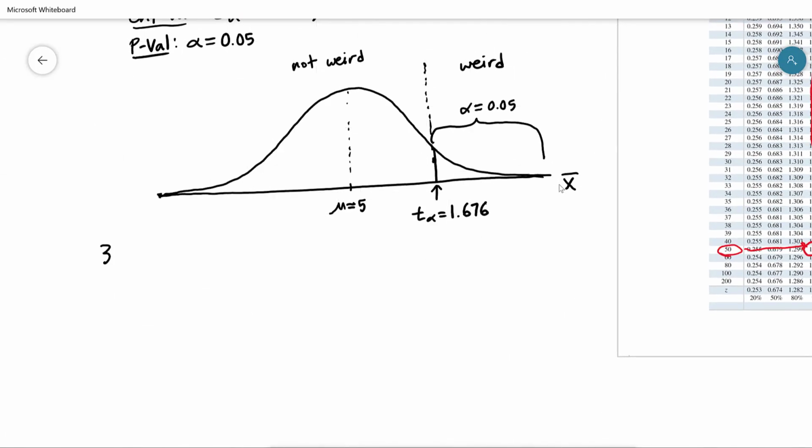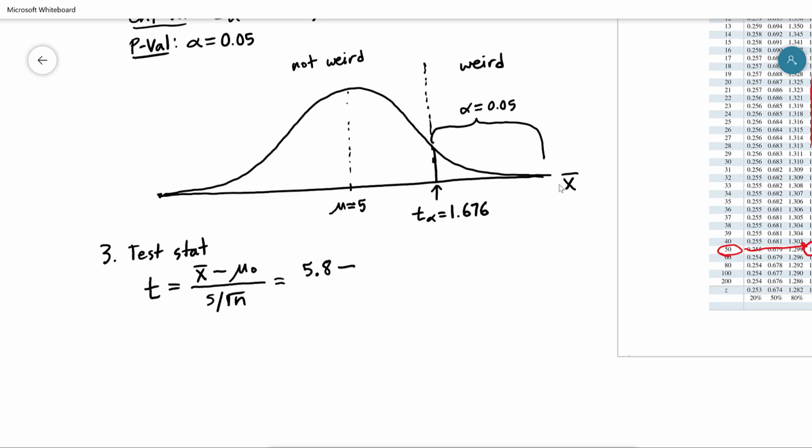So let's take a look. Step number 3, we need to compute the test statistic. And again, the formula for the test statistic, it's a t-score. We look at the actual evidence, we subtract off the presumed value from the null hypothesis, and then we divide by the standard error. And so for us, x bar, the value of interest, is 5.8. That's the average number of dropped calls we saw in our sample.